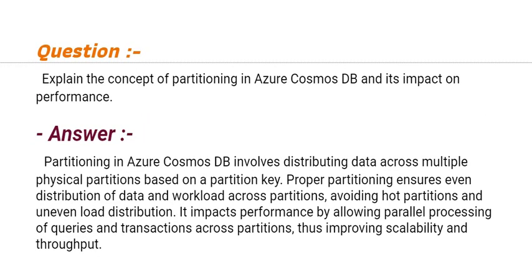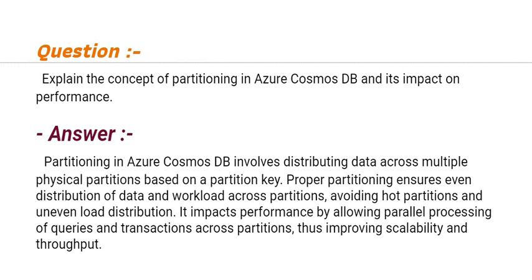Our next question is, explain the concept of partitioning in Azure Cosmos DB and its impact on performance. Your answer should be, partitioning in Azure Cosmos DB involves distributing data across multiple physical partitions based on a partition key.